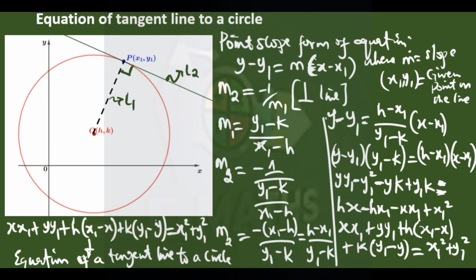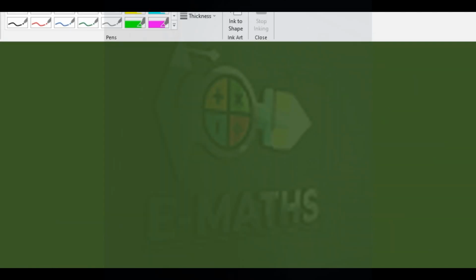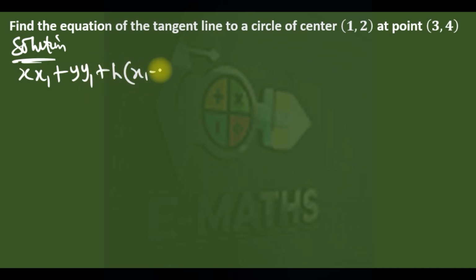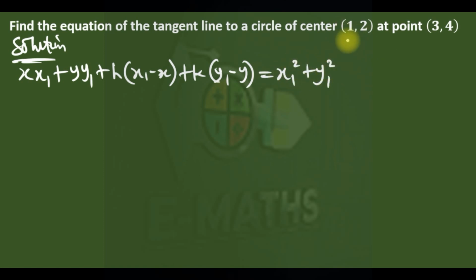Okay, look at this question. We're asked to find the equation of the tangent line to a circle with this center at this point. Without wasting time, we know the equation of the tangent line is x1 x plus y1 y plus h times x1 minus x plus k times y1 minus y equals x1 squared plus y1 squared. Here, this is our (h, k) and this is our (x1, y1).